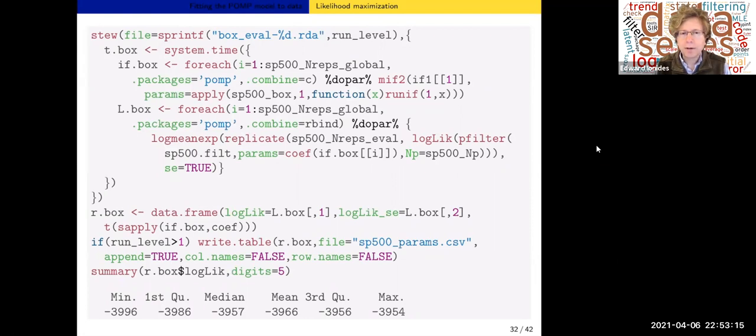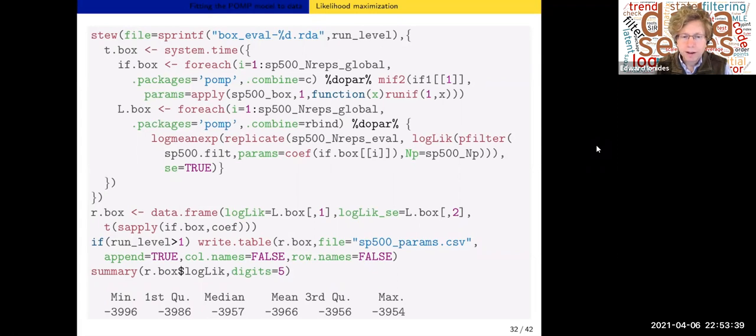Well, let's look at the bottom for how the search has gone. The maximum log likelihood was -3954.